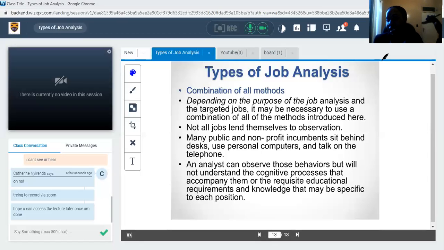But if a person has to balance books and is working from a computer, or has to do a write-up and is not spelling out what they're saying, or is replying to emails, the job analyst will not be able to pick up all of that because of the nature of the work being done.